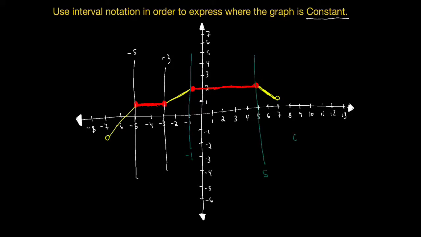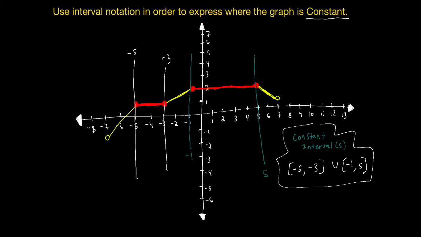So representing the constant intervals, using interval notation, we would write -5 to -3 union -1 to +5. And that wraps up this lesson.